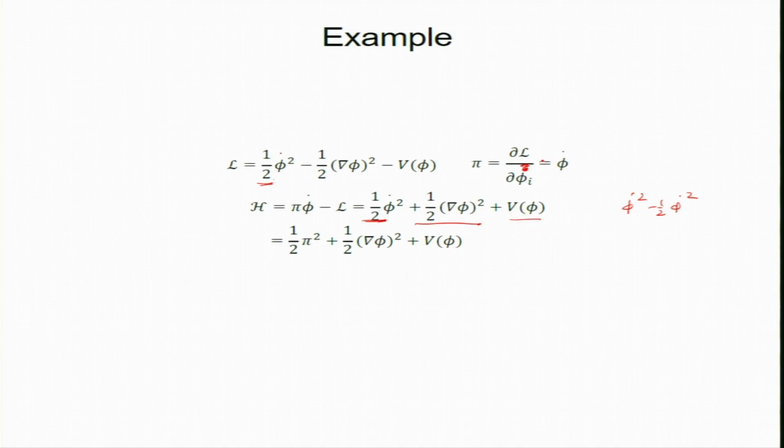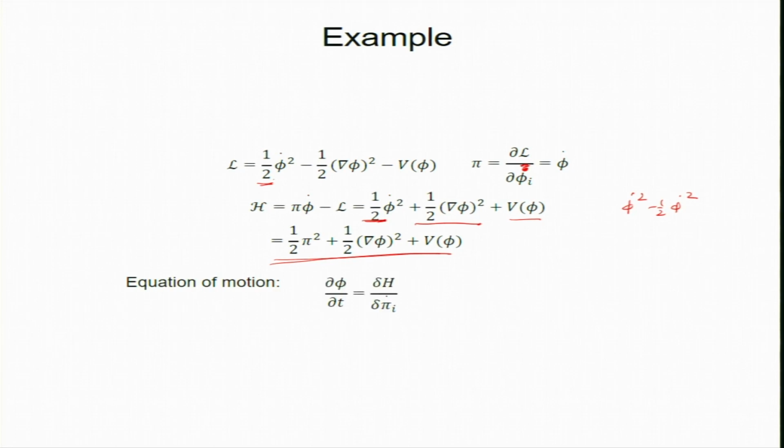Now, phi dot is nothing but pi. So this is my Hamiltonian density. It should be a function of pi, phi and grad phi, but not phi dot. Do not write phi dot in the Hamiltonian, the way for particles we do not write x dot; we write only momentum.